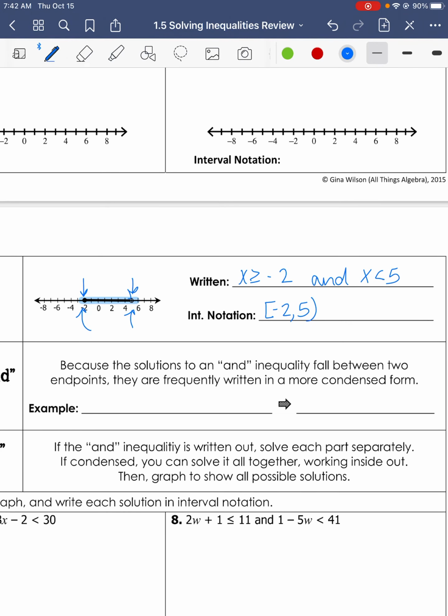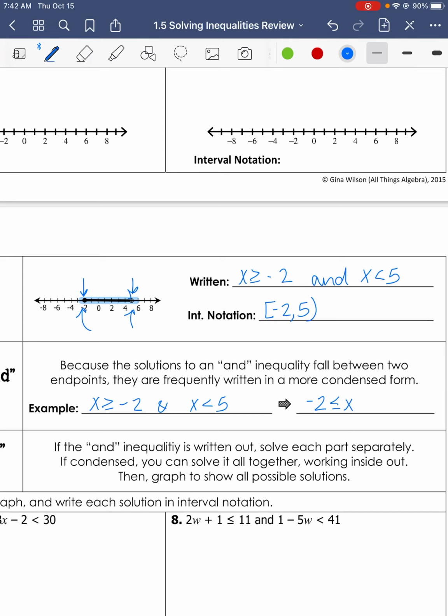Okay, so because the solutions to an AND inequality fall between two endpoints, they're frequently written in a more condensed form. We practice this with our ADA compliant activity where we just squish these together. So if we have x is greater than or equal to negative 2 and x is less than 5, since it's between these two numbers, we'll write the smaller number first, negative 2.